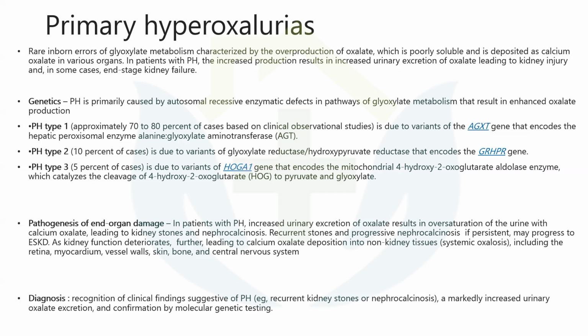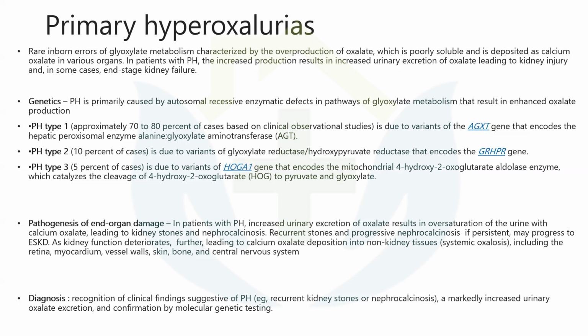Normally this kind of information may not be required for MRCP, but sometimes it can be given as options as a true or false kind of thing, and it's sometimes very difficult. So just have an idea that different genes are there, what genes are involved, and which gene encodes which enzyme in the metabolic pathway. Because of this error, oxalate overproduction happens, and finally this causes deposition in the tissues and the symptoms.